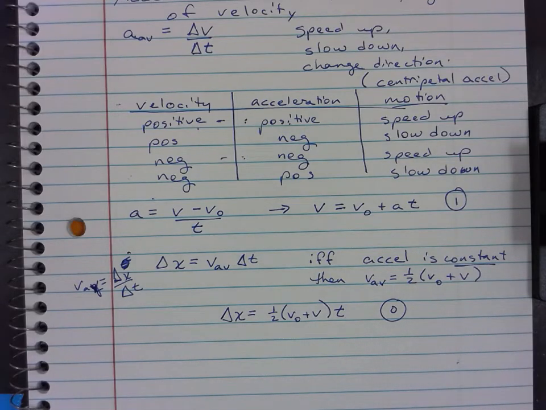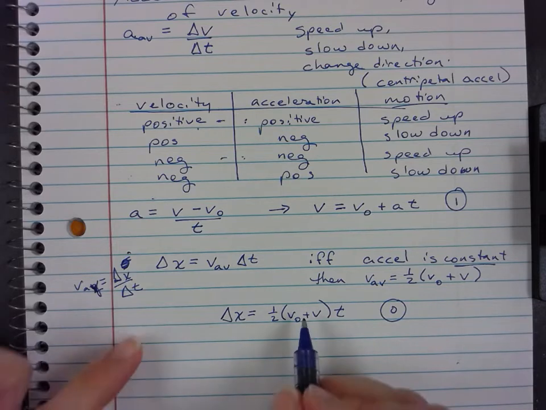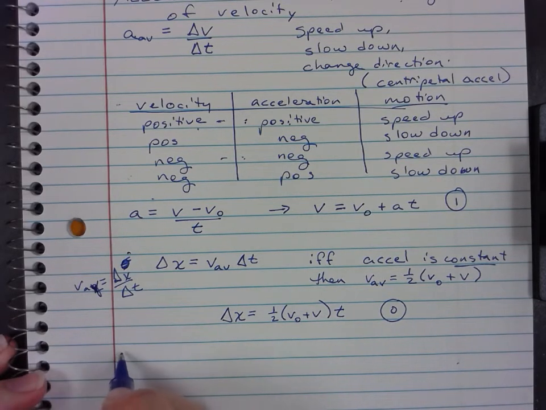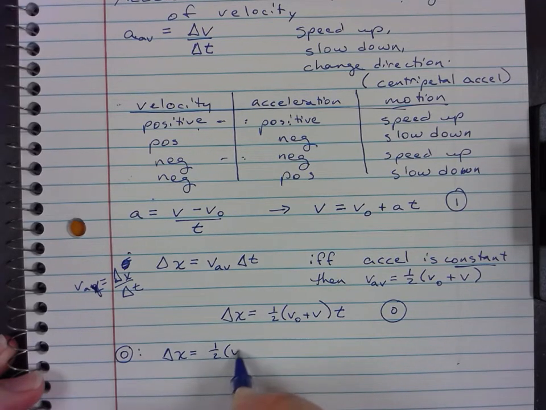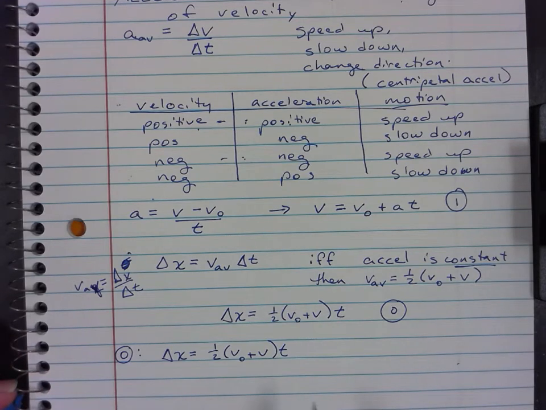Now, there are 2 more equations on the formula chart. There are really a total of 5 acceleration equations, but I do want to show you the math on how we get the other 2 that are most generally used. So if we start with this equation, number 0, delta x equals 1/2 (v naught plus v) times t, and then we substitute number 1.